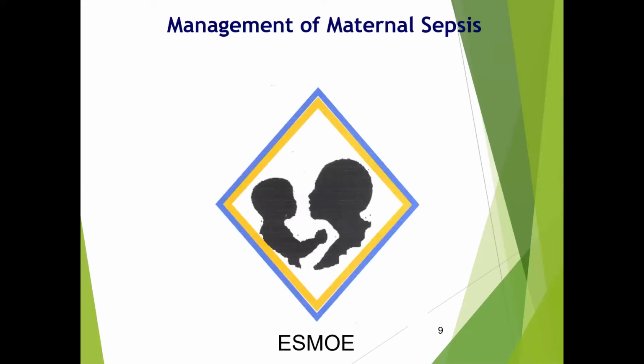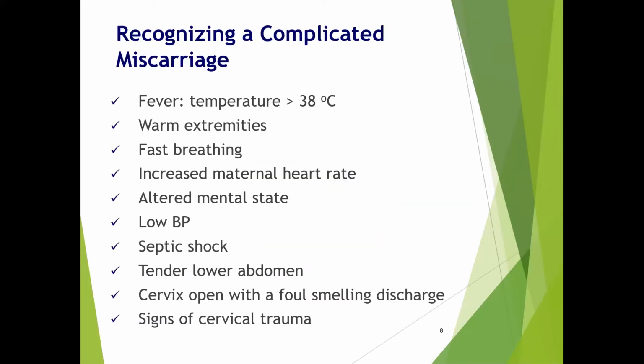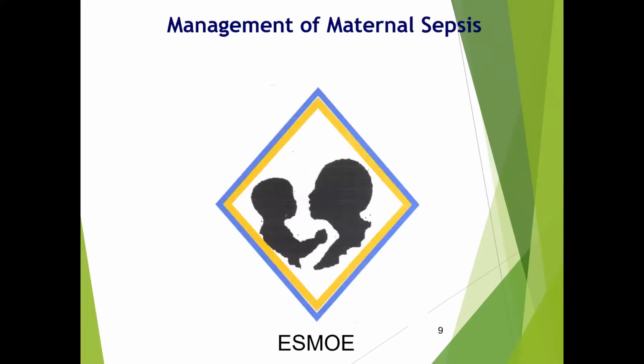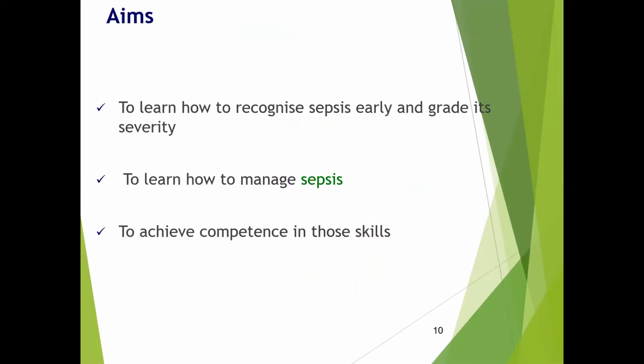The management of complicated miscarriage, the complication of sepsis, actually overlaps with the management of maternal sepsis. So I'll go through the management of maternal sepsis, and then you'll all know that those patients should also be managed as such. The aims of this presentation on maternal sepsis are that one needs to learn how to recognize sepsis early and grade its severity.